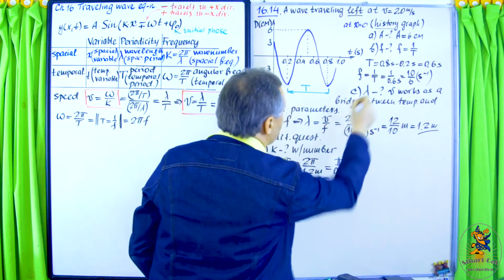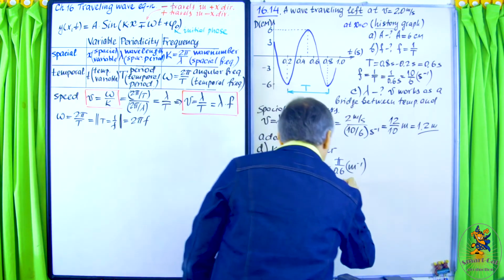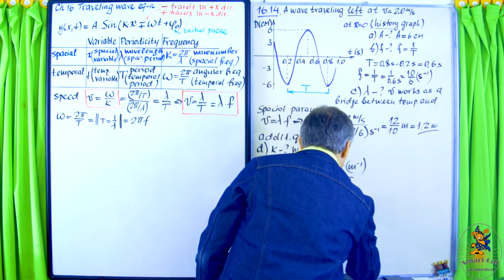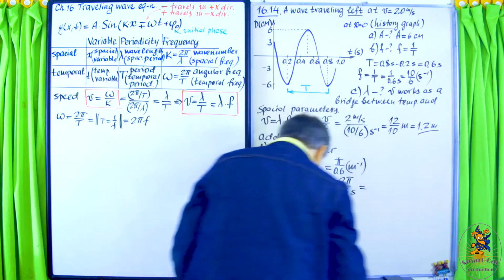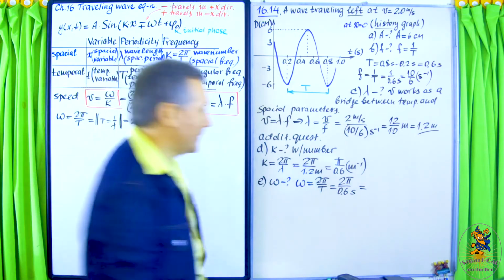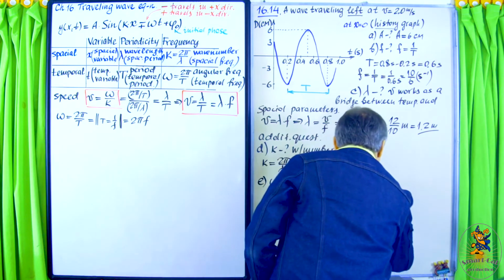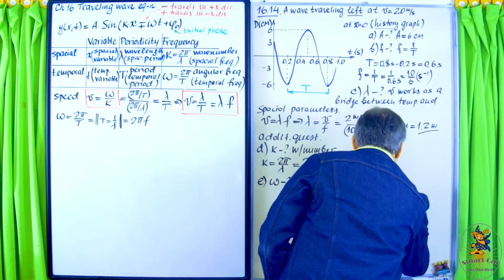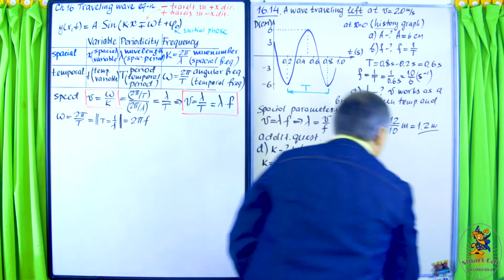So T is 0.6. 2 pi over 0.6 seconds. So it will be pi over 0.3. Yeah, okay, that's correct. Pi over 0.3. All right. Radians per second.